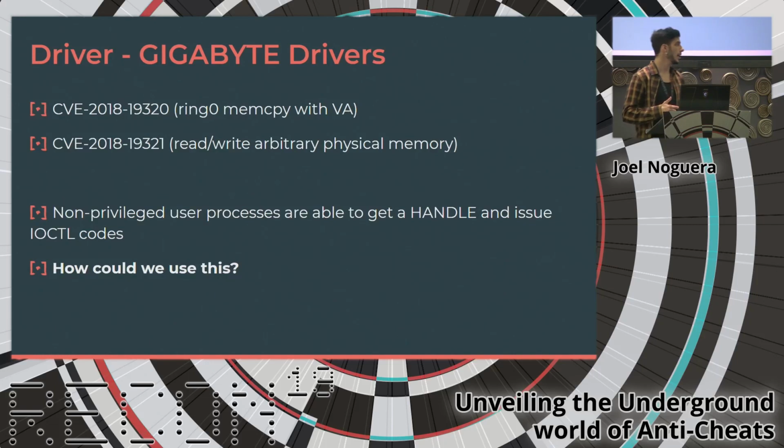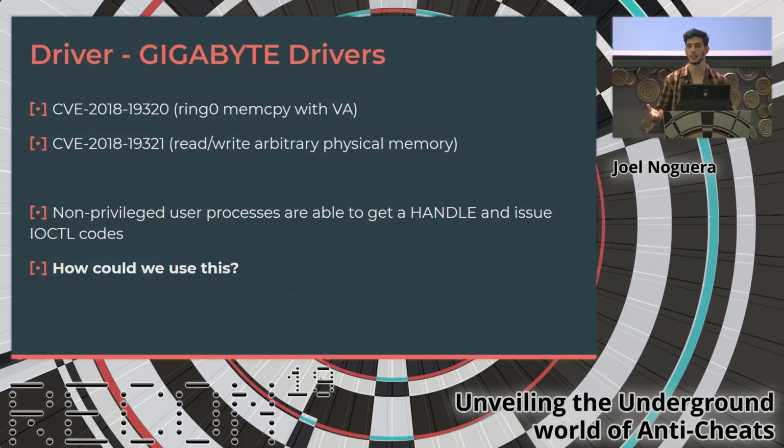The next thing that I tried was to abuse the GIGABYTE driver. There is a vulnerable version of this driver from 1 year ago, which has a lot of vulnerabilities, but there are two which are really interesting. The first one allows us to have a memcpy in ring 0. By providing two virtual addresses, one in kernel and one in user mode, it allows us to map buffers from one side to the other. So if we want to read some structure in kernel mode, we can map that structure, if we know the virtual address, and see that information in user mode.